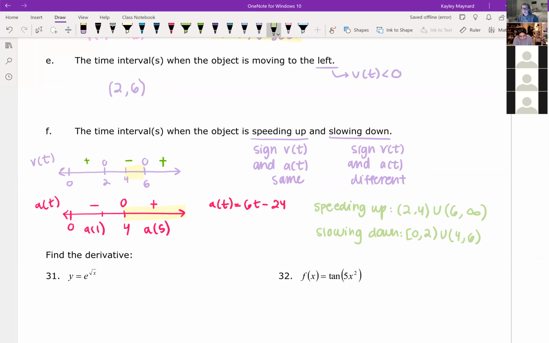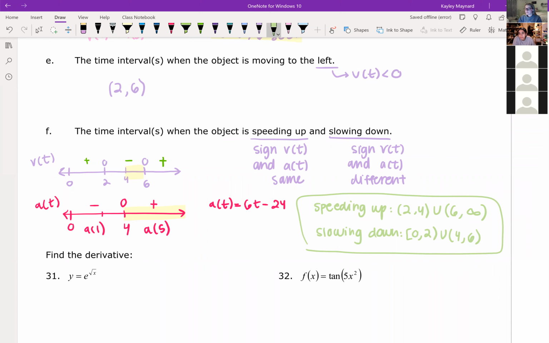So a little hint here, if you look at what I've written down for speeding up and slowing down, if you were to look at all those intervals together, they actually cover the whole number line because we have from 0 to 2, it's slowing down, then from 2 to 4, it's speeding up, then from 4 to 6, it's slowing down, then from 6 on, it's speeding up. So when you look at all these intervals here, you should cover every point on the number line.